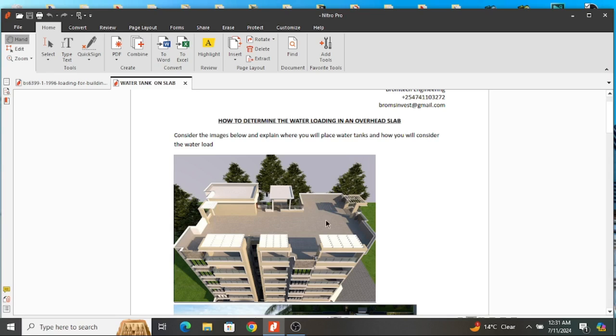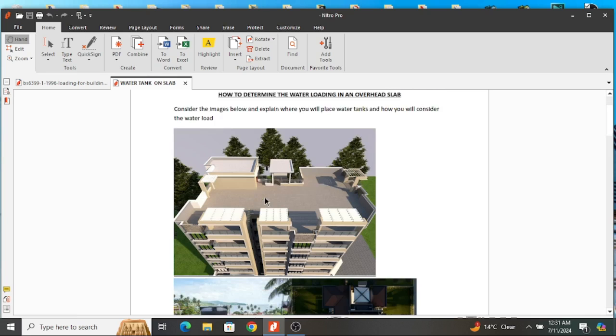Or I could design the entire terrace to handle water tanks. That will give the developer the leeway to place water tanks whichever place he pleases. But again, that makes the cost of construction expensive. So it is good to highlight a specific section where you would prefer your water tanks to be placed.